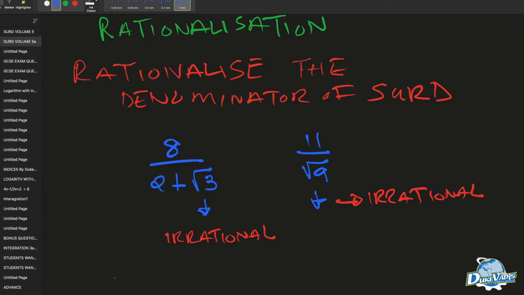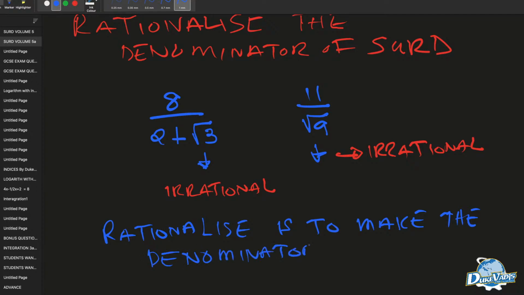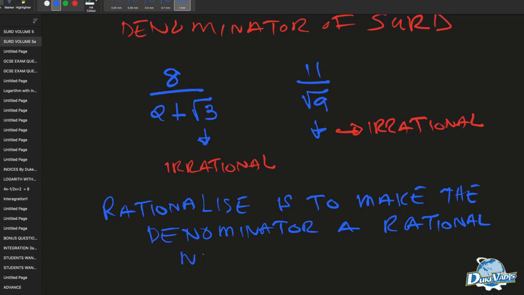So when we say rationalization, to rationalize is to make the denominator a rational number.